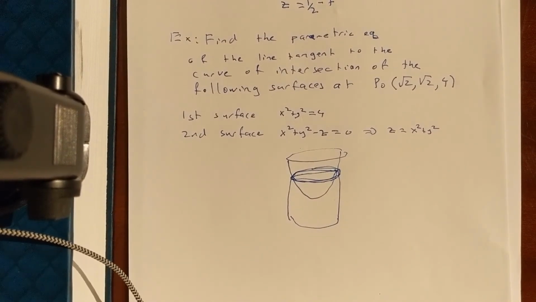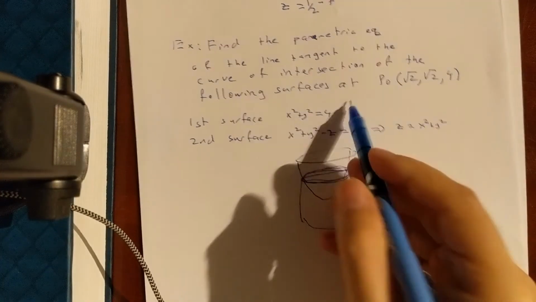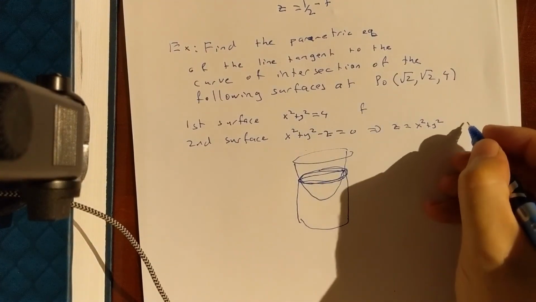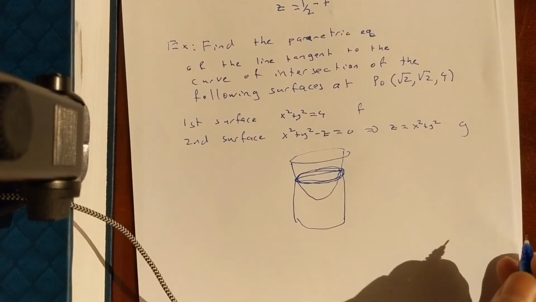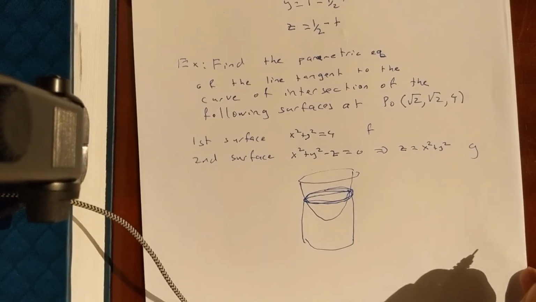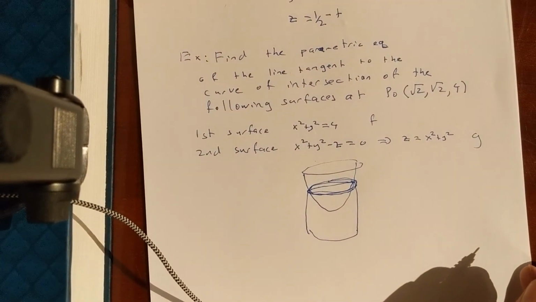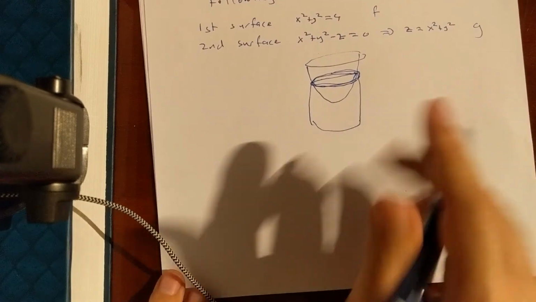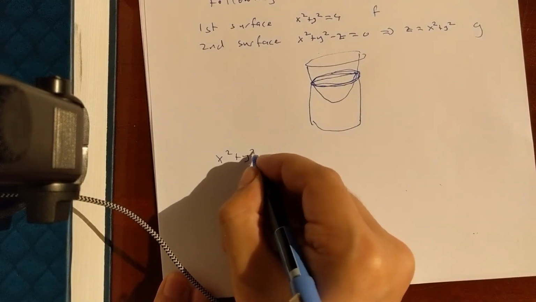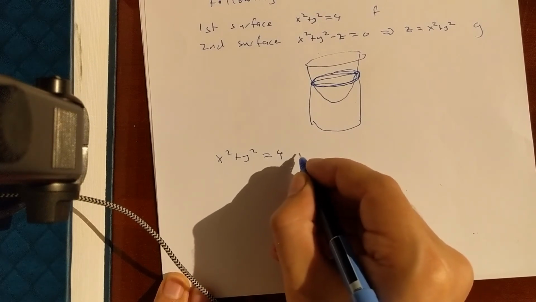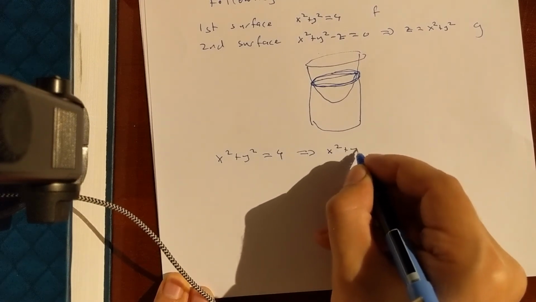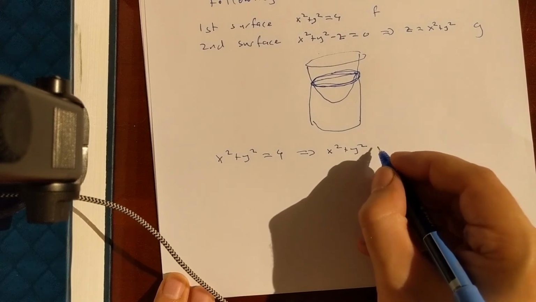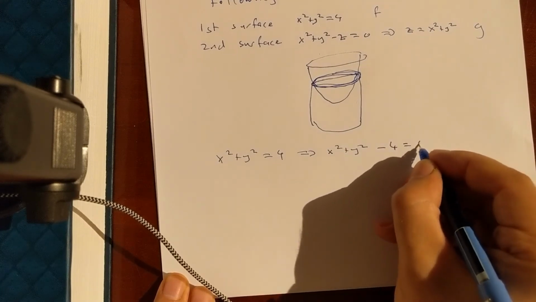Now let's find the gradients of f and g. I'm going to call this f and this g. I'm going to write these as functions of 3 variables. So from x squared plus y squared equals 4, we write x squared plus y squared minus 4 equals 0.